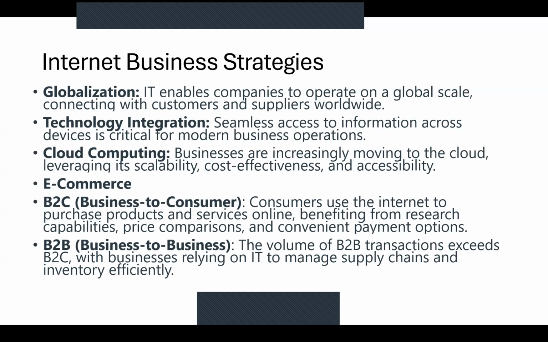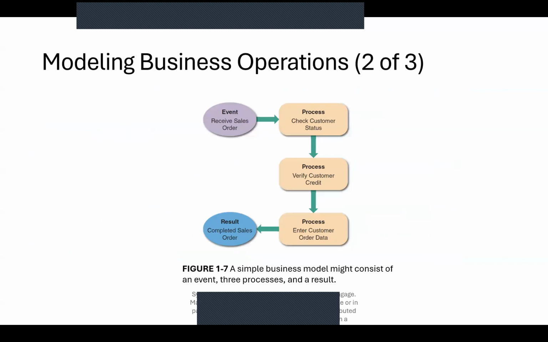So if I have to, let's say, model a business operation, it would look something like this, okay? Wherein, let's say, there were some certain events, and then the whole processing is being done.